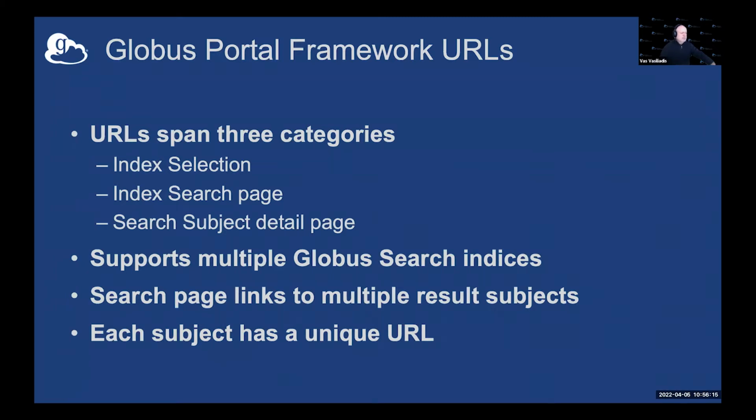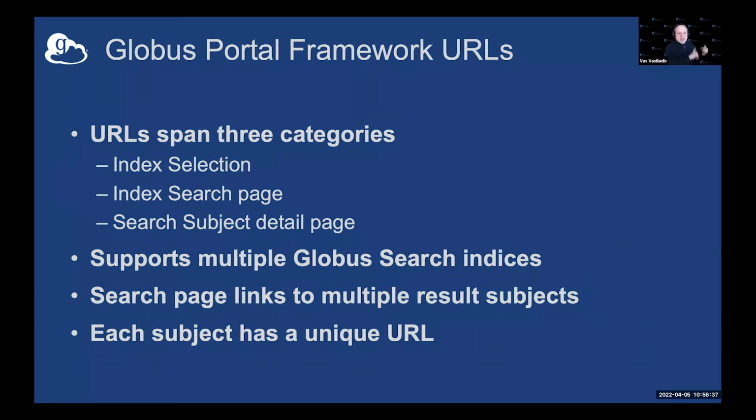I'm going to talk more about search later, but the key point about search is that you can have multiple entries that resolve to a given subject, as it's called. So you have this piece of data, this file, this URL. It's a unique URL.